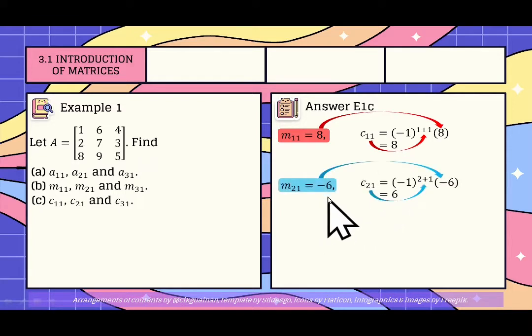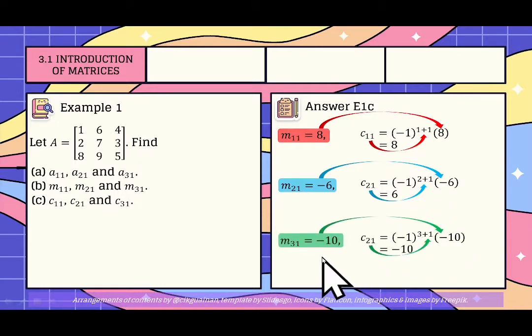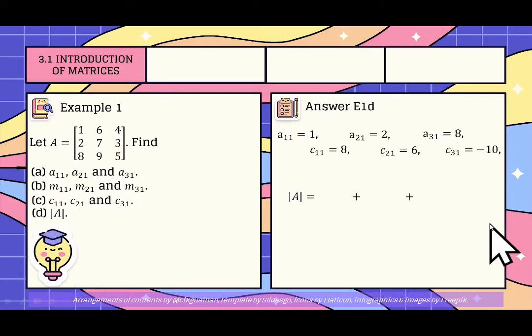For the second one, the minor is -6, but the sum of the row and column is 3. So we raise -1 to the power of 3 to get -1. -1 multiplied by -6, we get 6. For the last one, the minor is -10. The sum of row and column gives the power of 4, so the answer is -10.